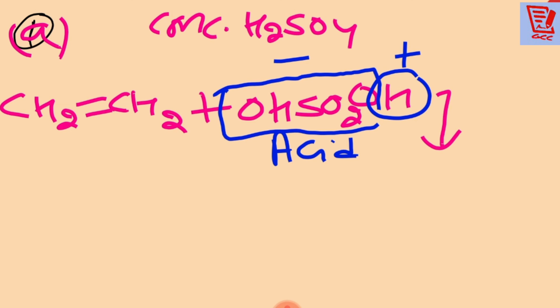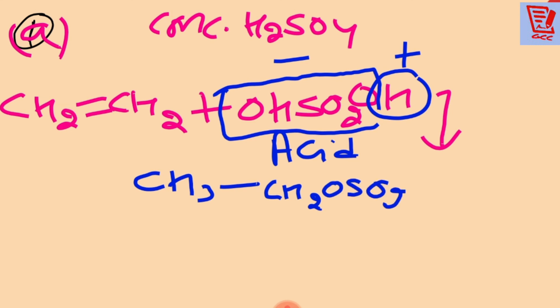Then what will be formed here? CH3, then CH2, okay, then SO2 OH. Understood my point? All of you understood my point? OSO2 OH, all of this OSO2 OH we have written along with it.